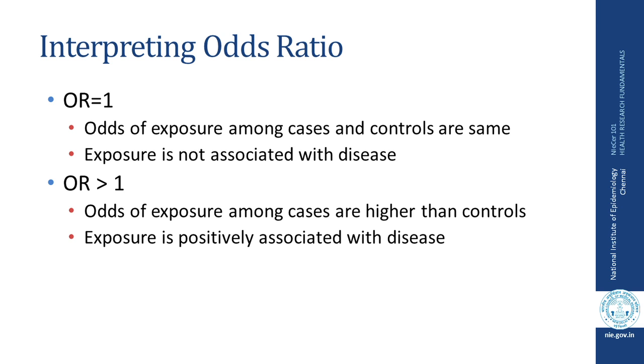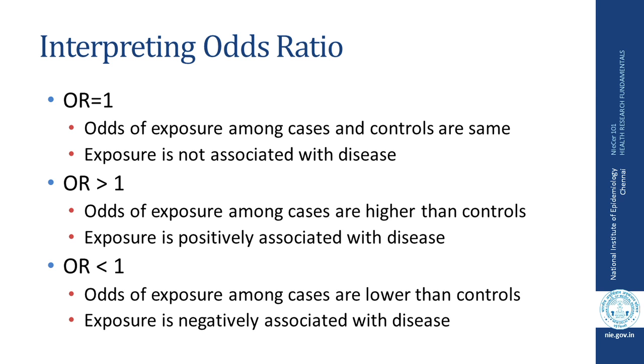It means that odds of exposure among cases are higher than that of controls, and we can conclude that exposure is positively associated with the disease. If odds ratio is less than 1, it means that odds of exposure among cases are lower than that of controls, and we can conclude that exposure is negatively associated with the disease.